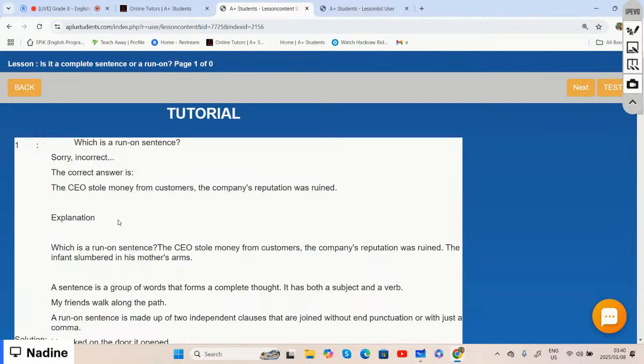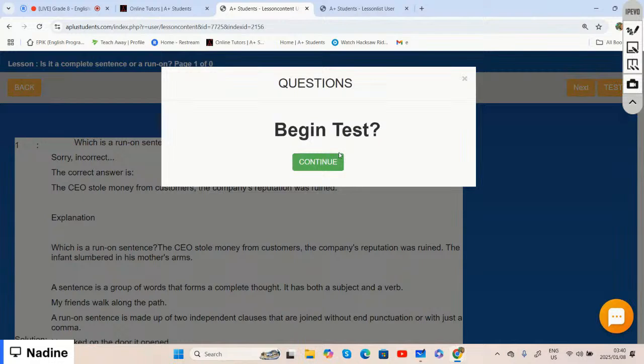All right. We're not going to go over what a sentence is, what a fragment is, or what a run-on is. Let us go straight to our test.